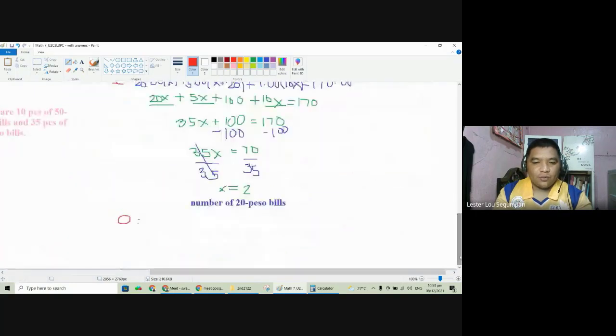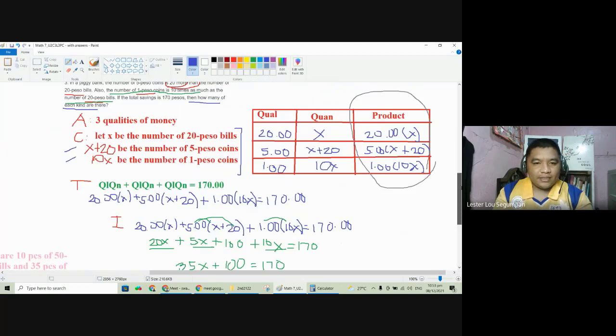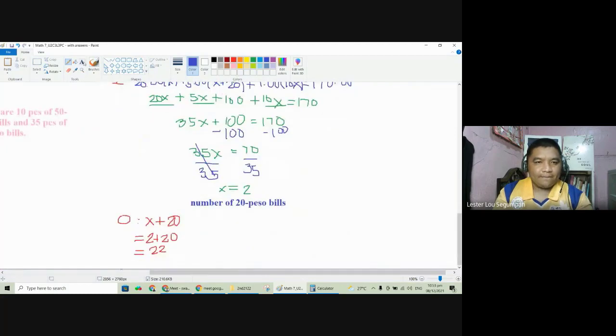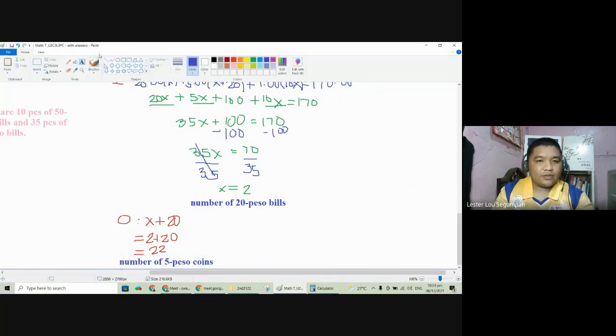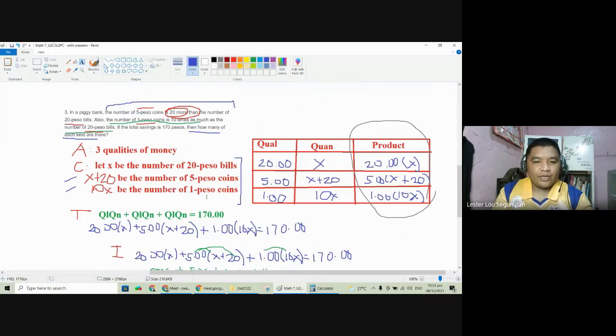That's x plus 20, where x is 2, plus 20, you will have 22. And what are these 22 pieces of 5? Number of 5 peso coins.